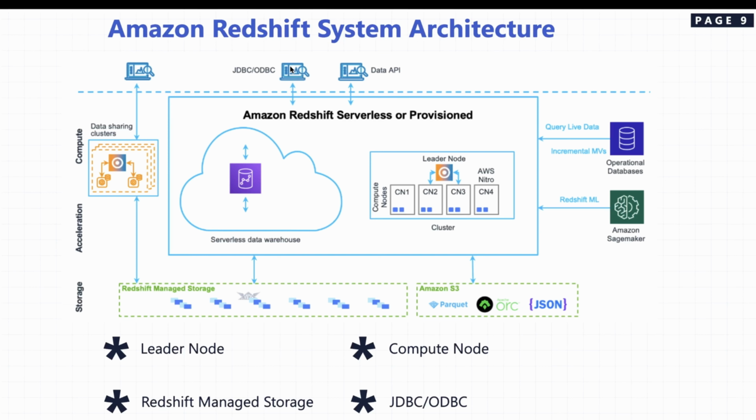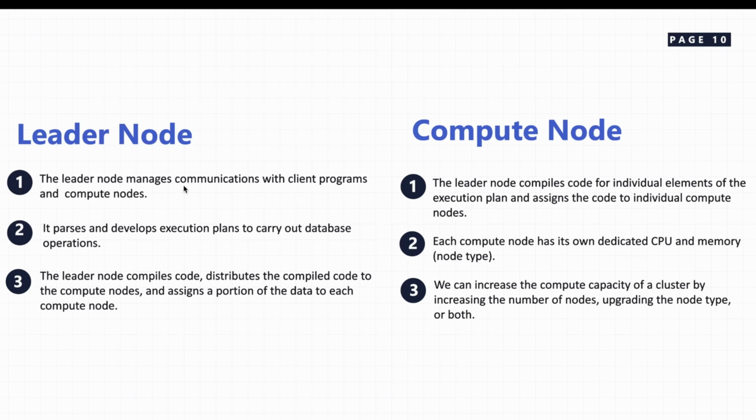So your query goes via JDBC ODBC to the leader node first. The leader node manages all the queries you give to Amazon Redshift, and it parses them and develops an execution plan to carry out the database operation. It takes your query and makes the execution plan for how it can execute it.